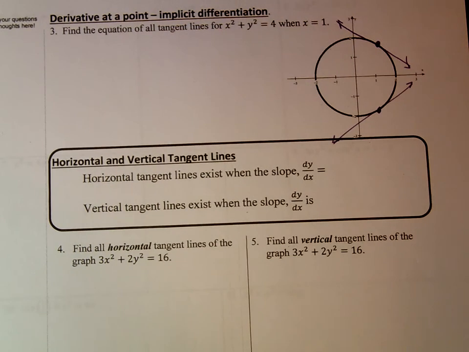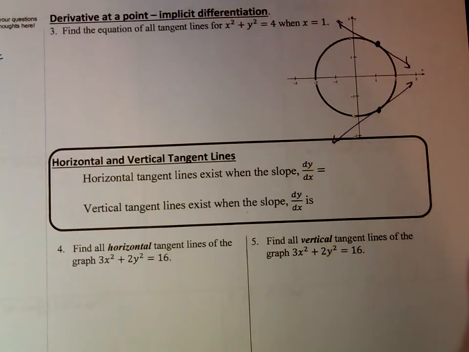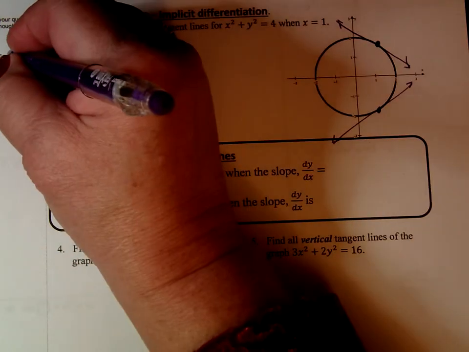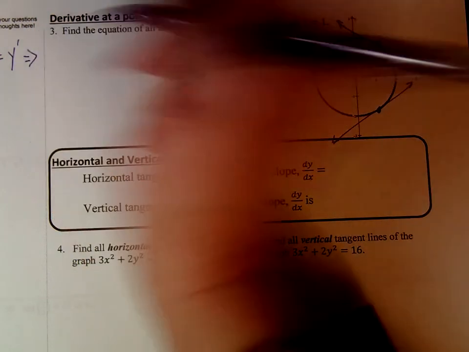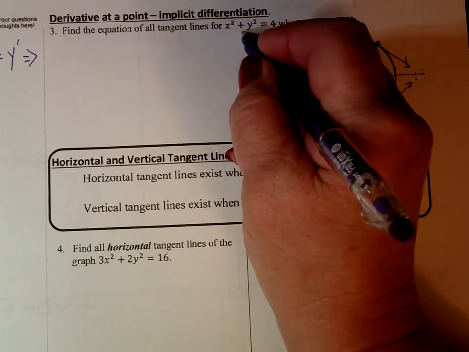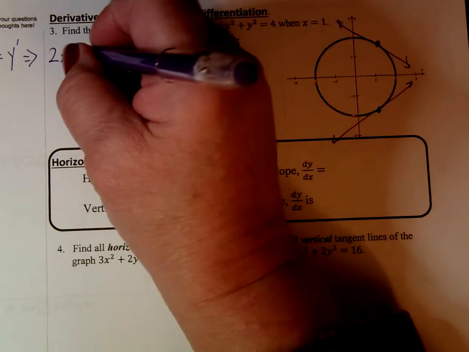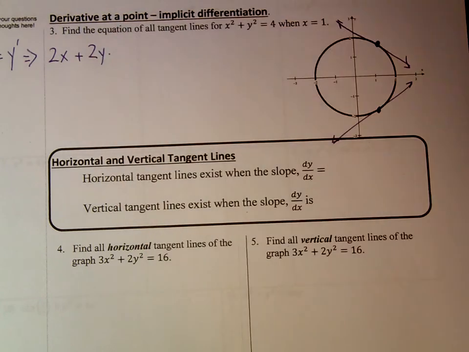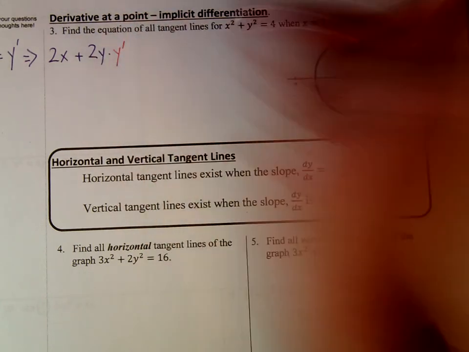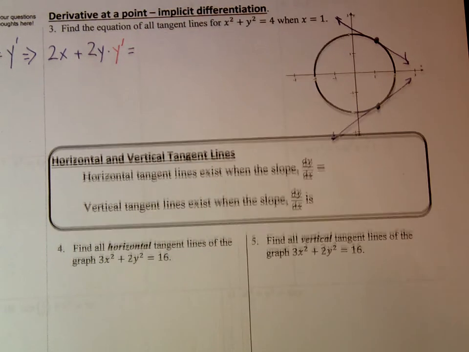Let's figure out the derivative. M equals whatever my derivative is, y prime. Let's go here. The derivative of x squared is 2x plus 2y times y prime equals, and here's where a lot of kids get this wrong, interestingly enough.